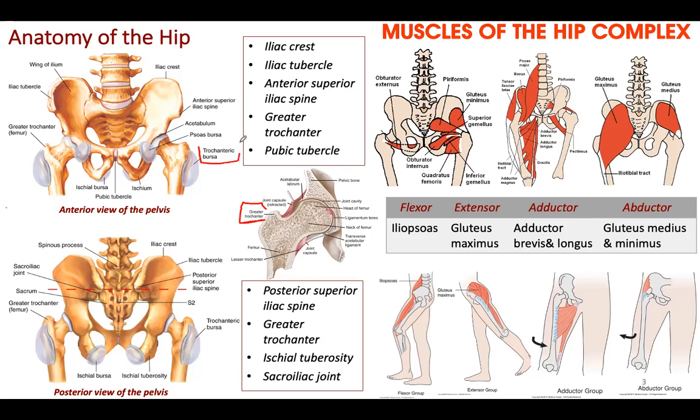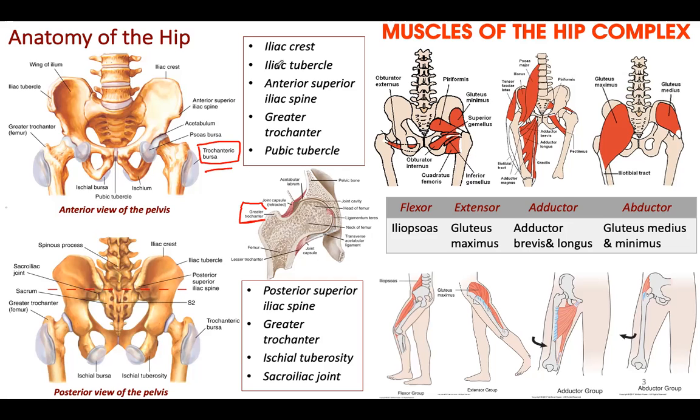And actually, the most common cause of pain in the outer part of your thigh, the upper outer part of your thigh, is usually trochanteric bursitis. This is a very common cause. We have other bursas here, like the ischial bursa and ischial bursitis, but trochanteric bursitis is the most common cause of pain.